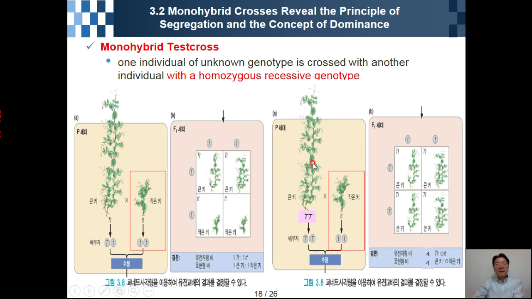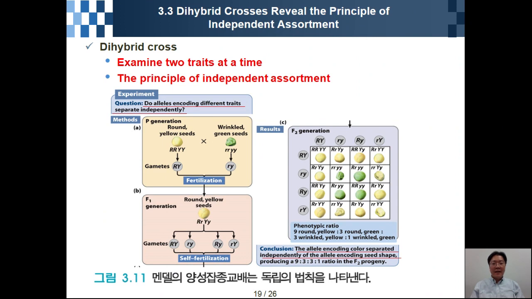In this slide we will cover dihybrid crosses. What is a dihybrid cross? A dihybrid cross examines two traits at a time. Previously, we covered monohybrid crosses, where we only examined one trait at a time, for example, round or wrinkled shape, or yellow or green color.